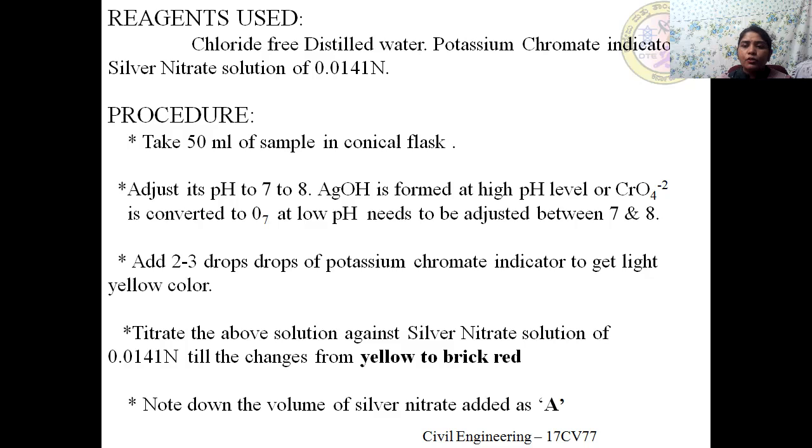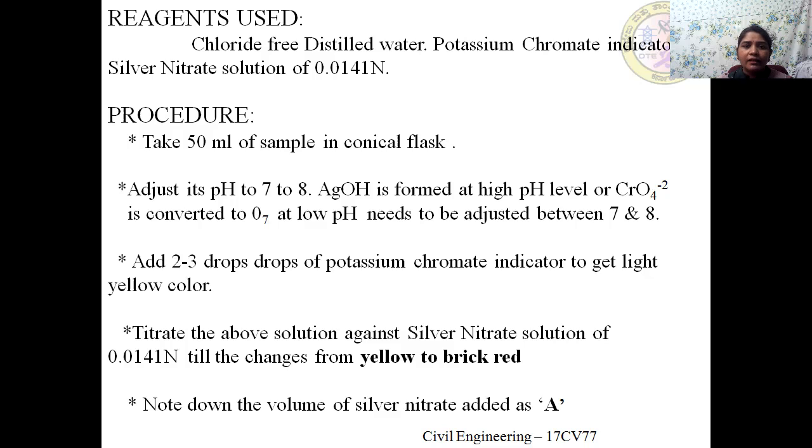So we add 2 to 3 drops of the potassium chromate indicator, which imparts a yellow color. Once the yellow color appears, we titrate the sample against silver nitrate titrant of 0.0141 normality. You note down the initial burette reading.